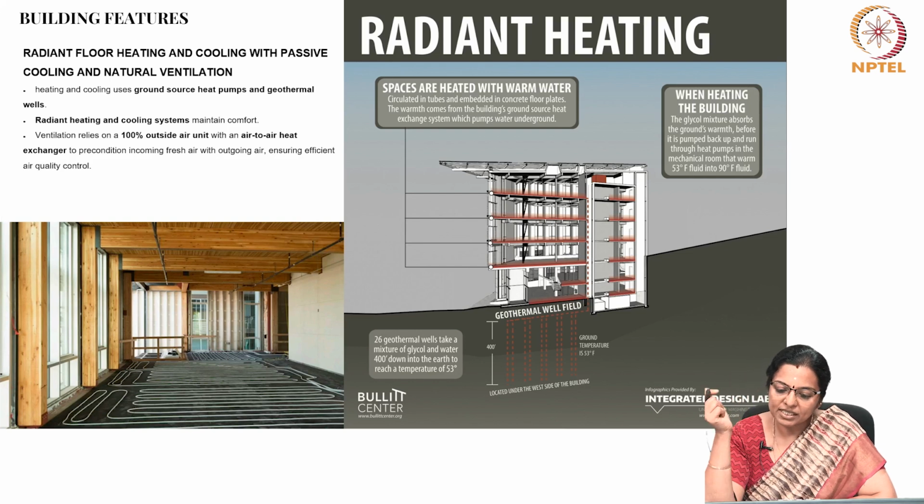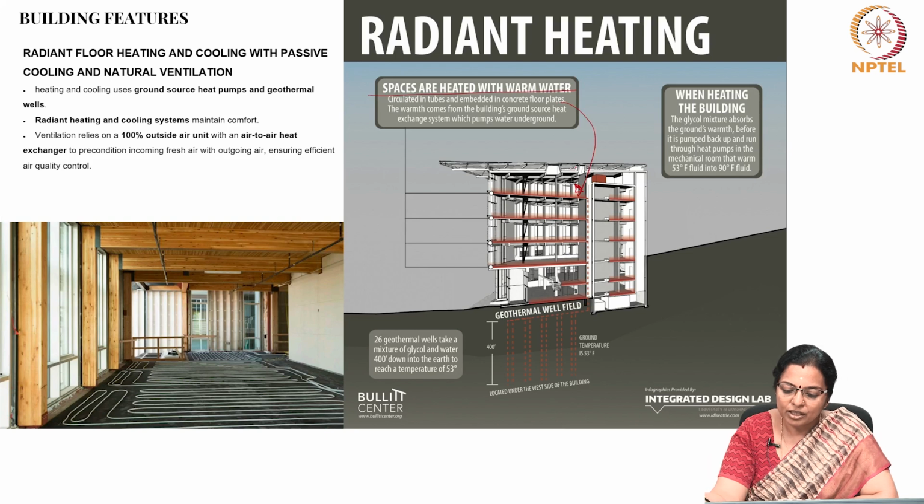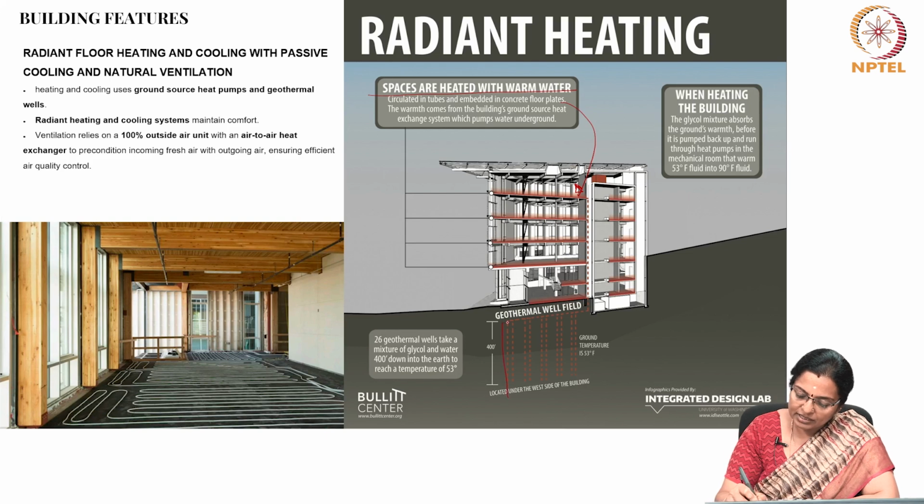Now, the spaces are heated with warm water which is circulated in tubes embedded in the concrete floor plates. The warmth comes from the building's ground source heat exchange system, which is the geothermal energy that pumps water from underground at a depth of 400 feet.